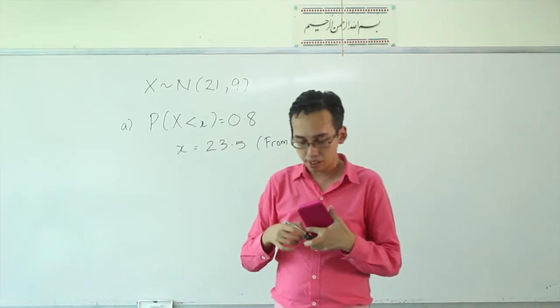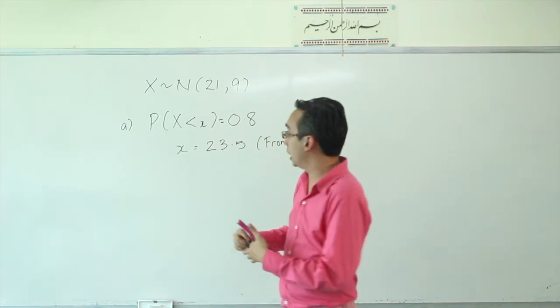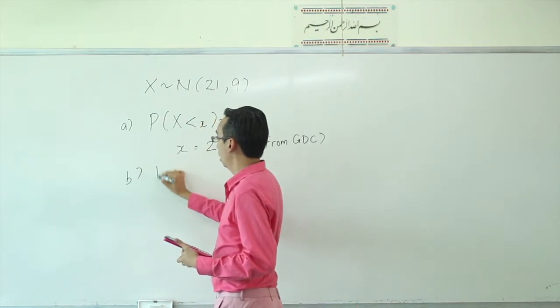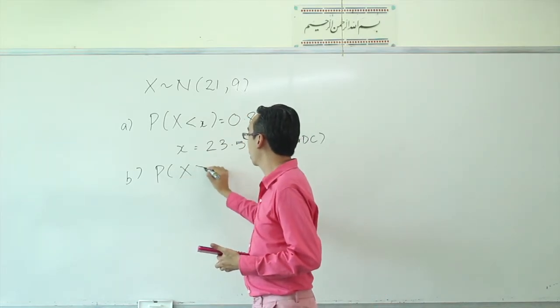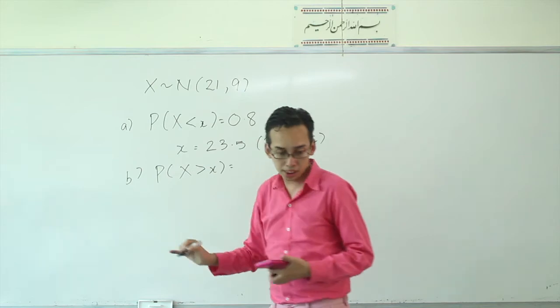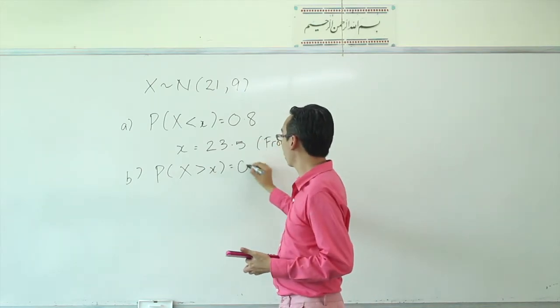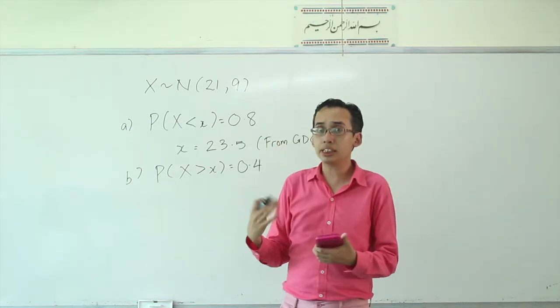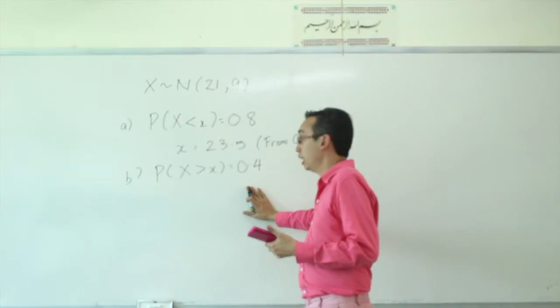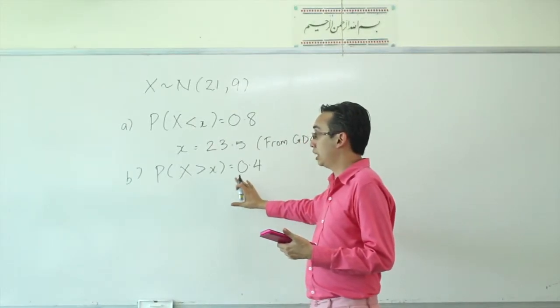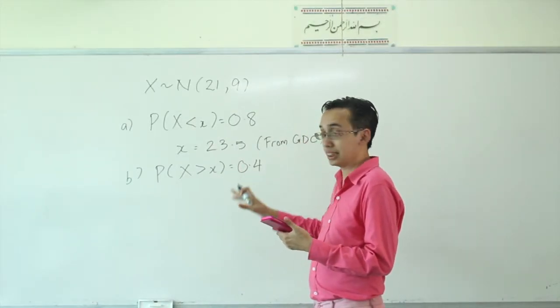Okay, for the second one, part B, we are given probability x is more than x to be 0.4. Again, our GDC only calculates probability less than, not more than, so we cannot key in 0.4. What we have to do is key in the area to be 0.6.